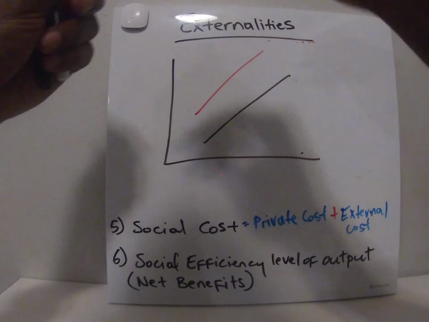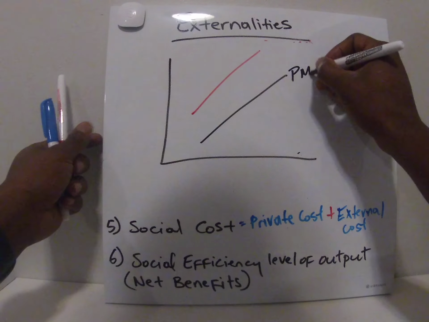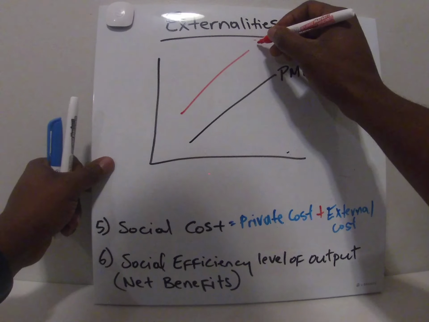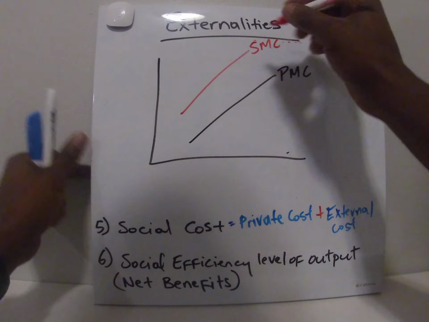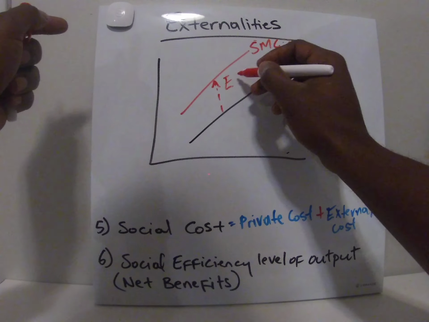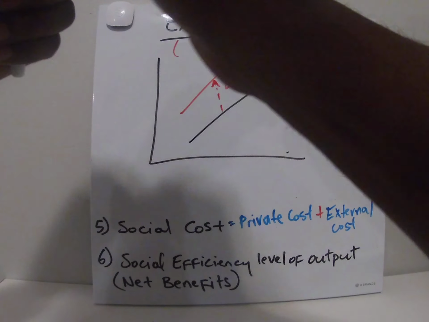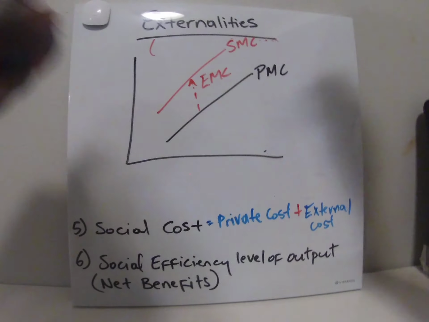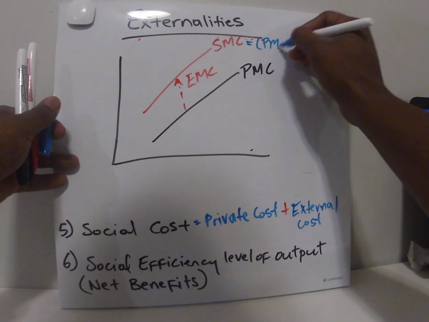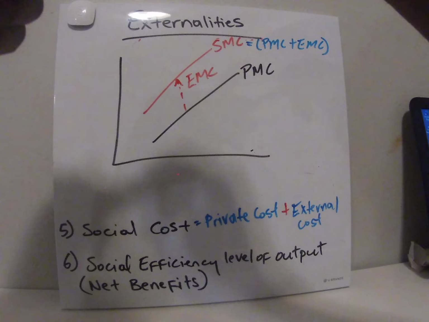This is supposed to be your private marginal costs, and then this becomes our social marginal costs, which has our external marginal costs. So the SMC equals PMC plus EMC.